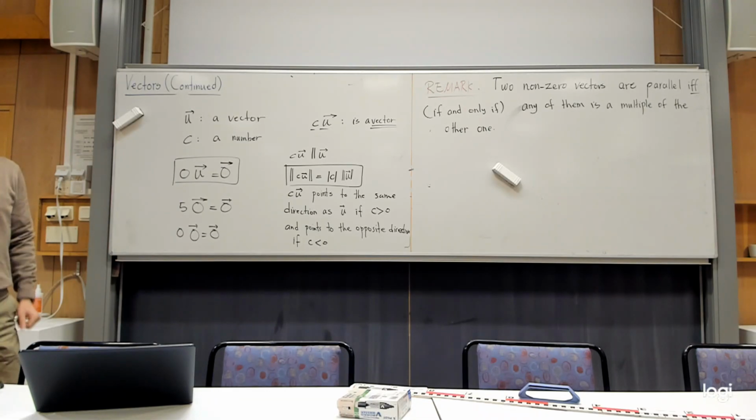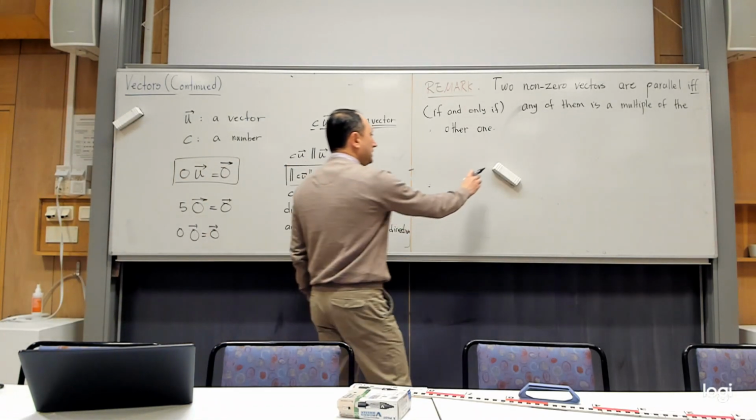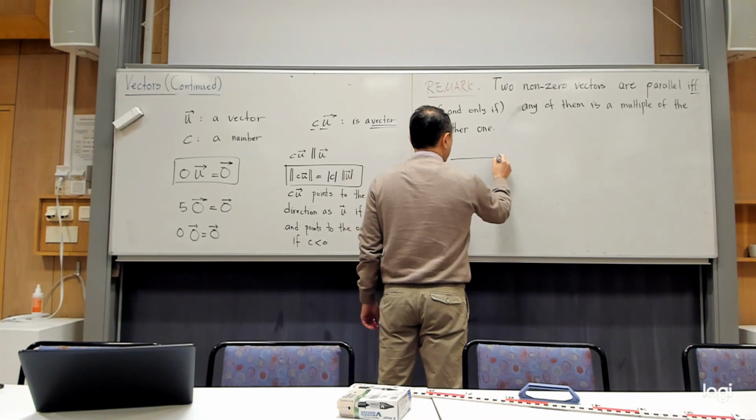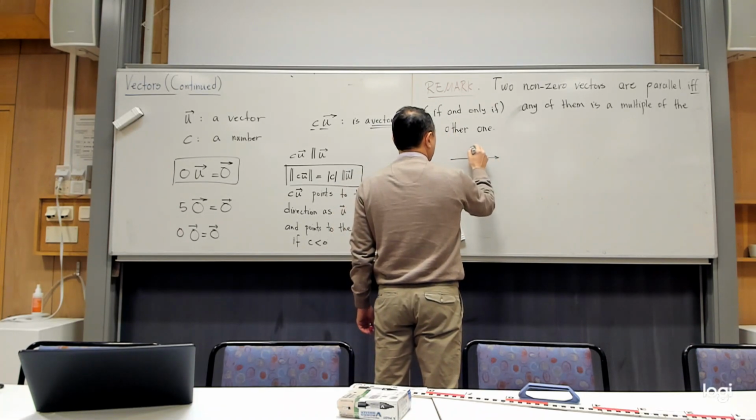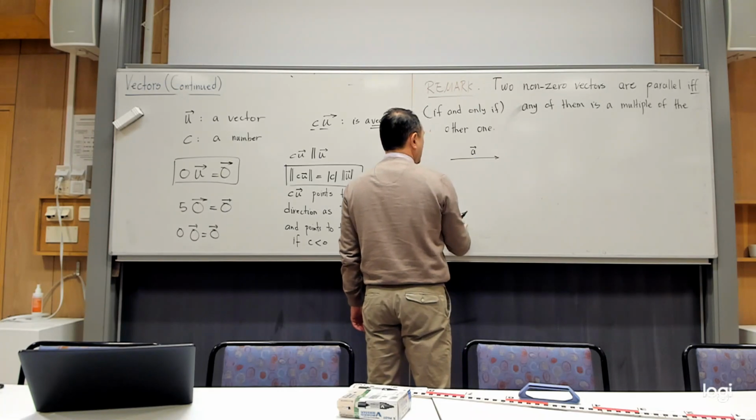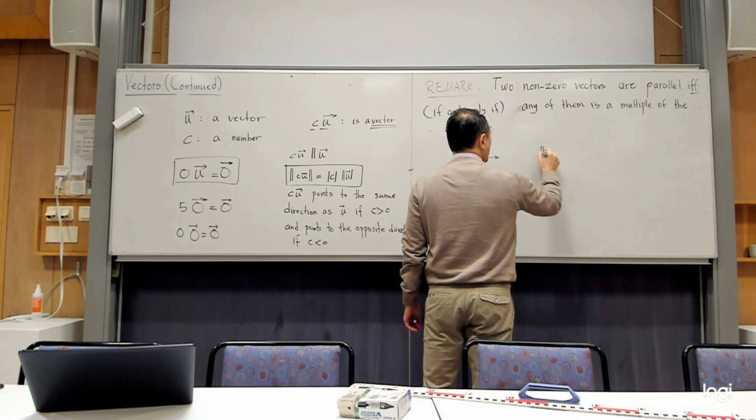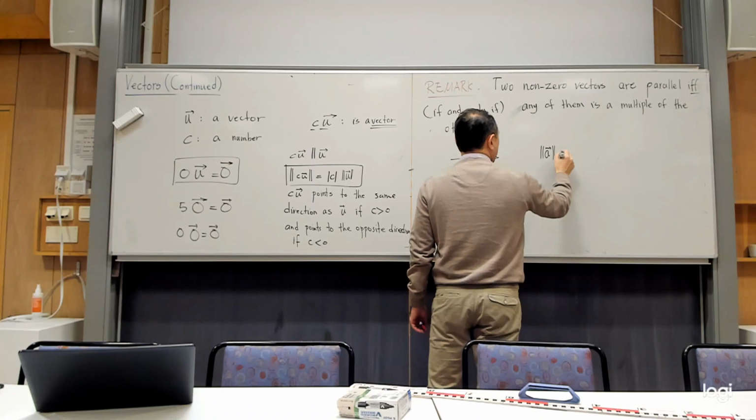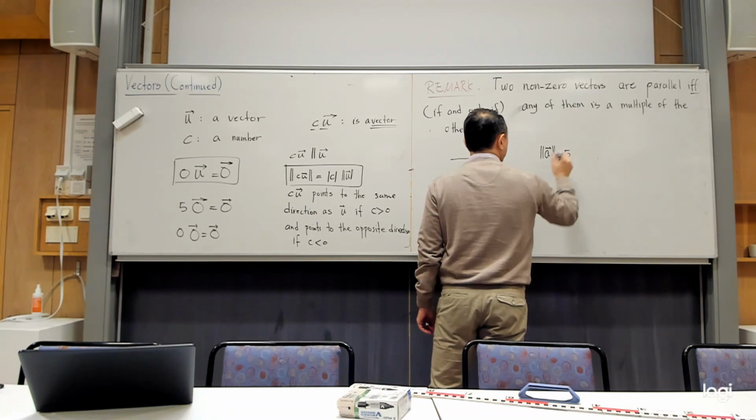Okay, let me ask you one question. I give you this vector A, and I tell you the norm of this vector is 5.